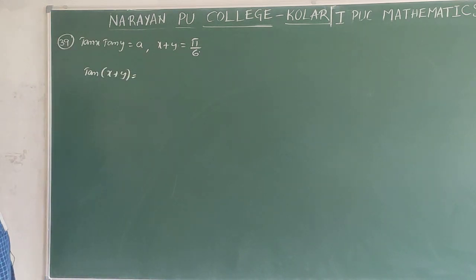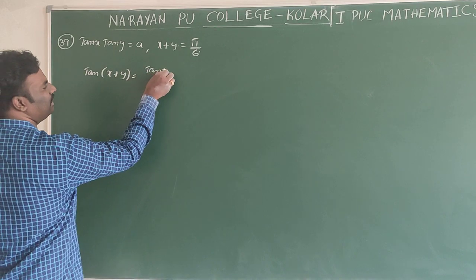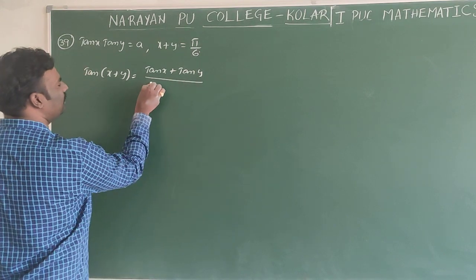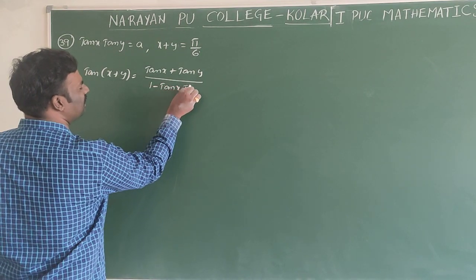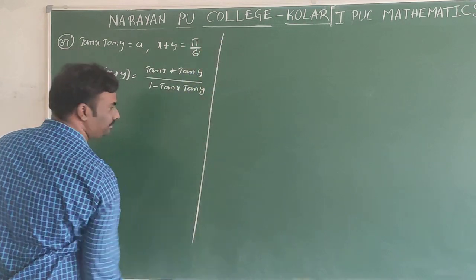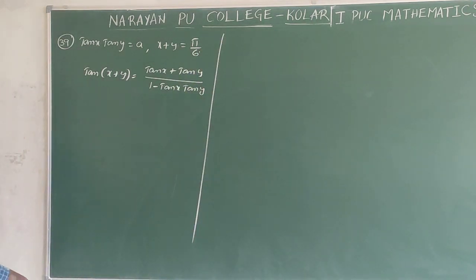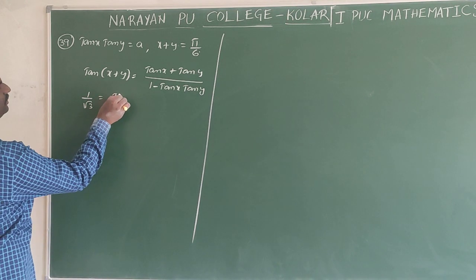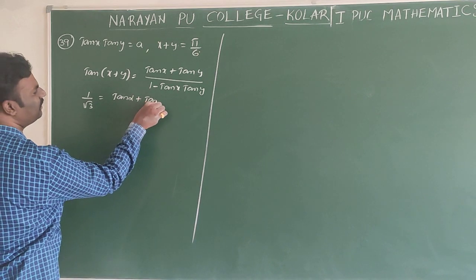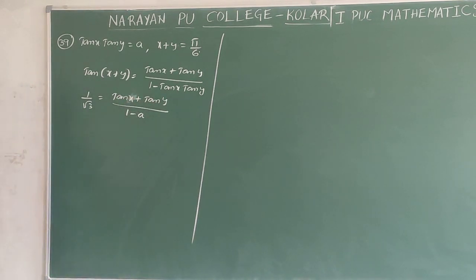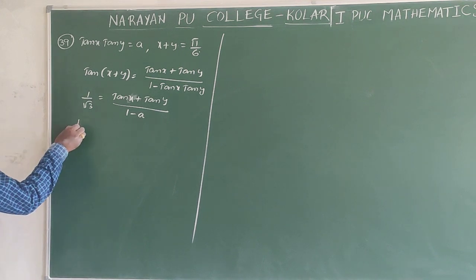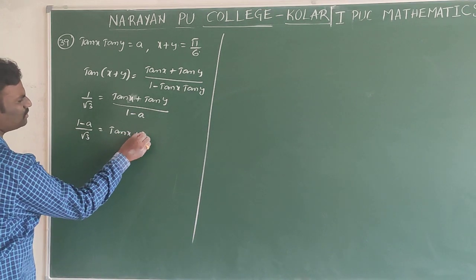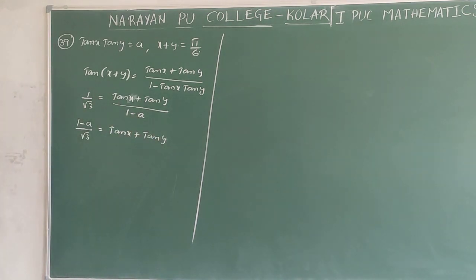So tan of x plus y can be written as tan a plus tan b by 1 minus tan a tan b. So x plus y is 30, tan 30 is 1 by root 3, that equals tan x plus tan y by 1 minus a. So it can be written as 1 minus a by root 3 is equal to tan x plus tan y.